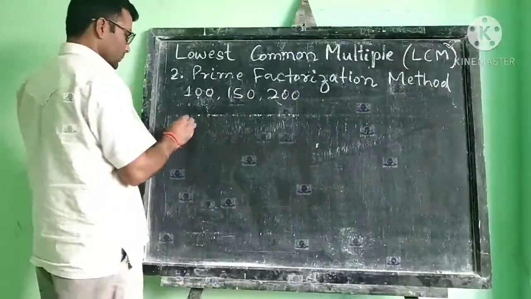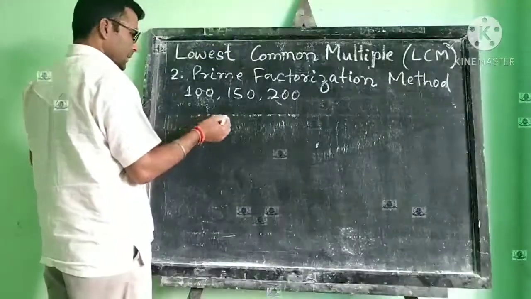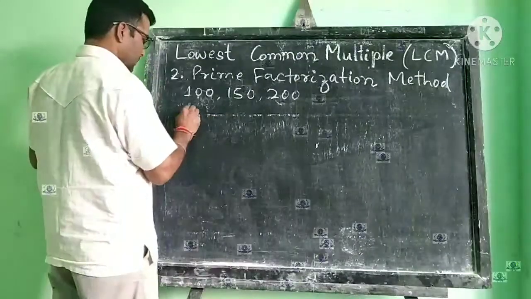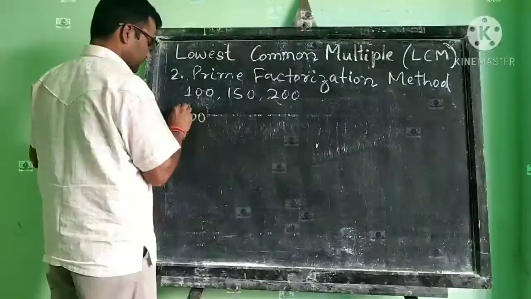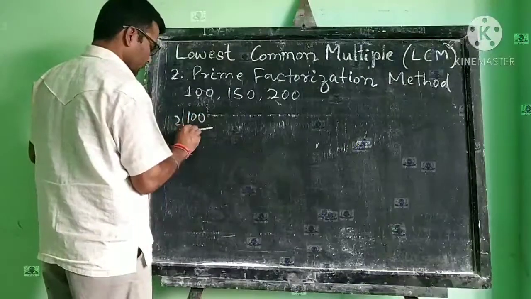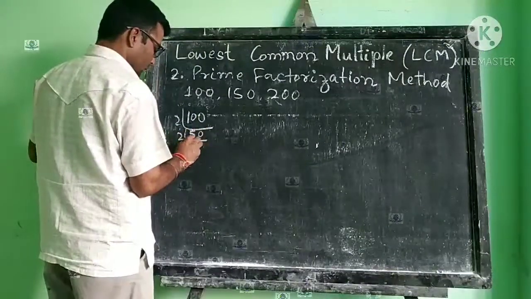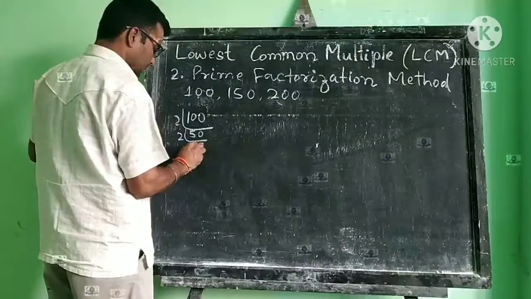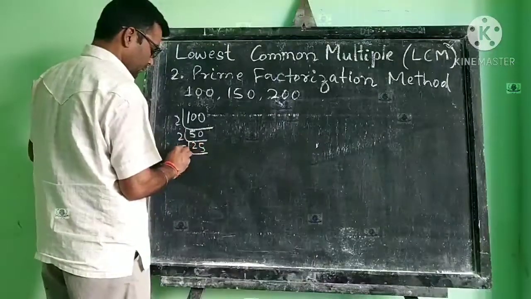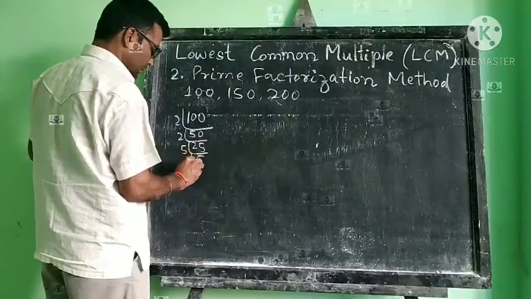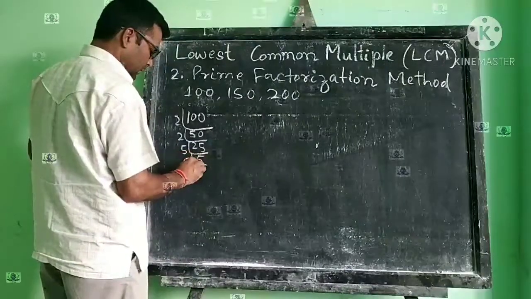So what we can do, we can just find the factors of 100 at first. 2 5s are 10, 2 0s are 0, 2 2s are 4, 2 5s are 10, then 5 5s are 25 and 5 1s are 5.